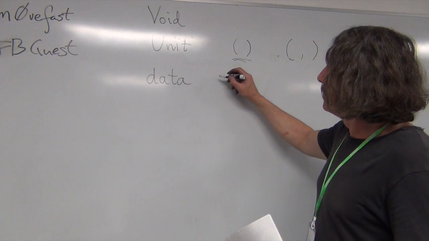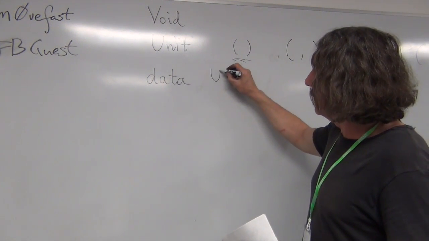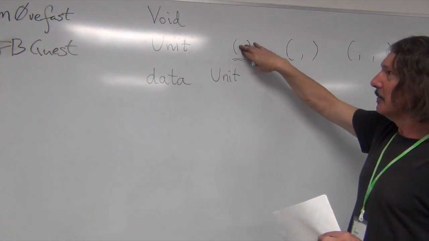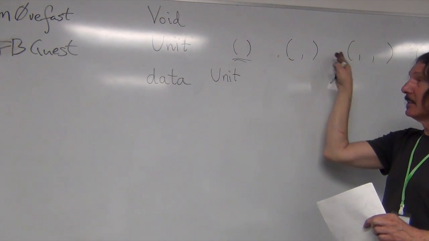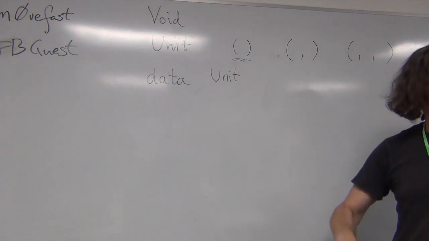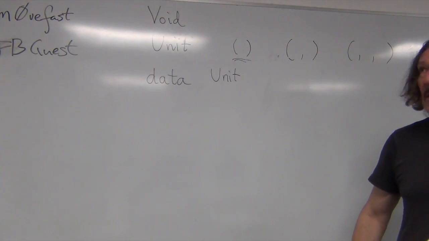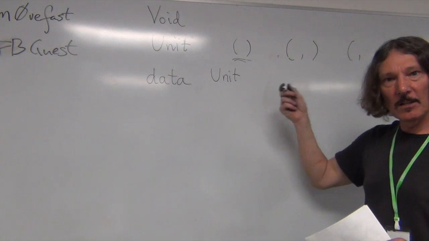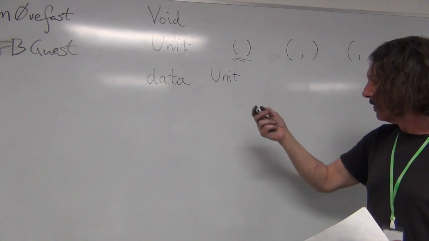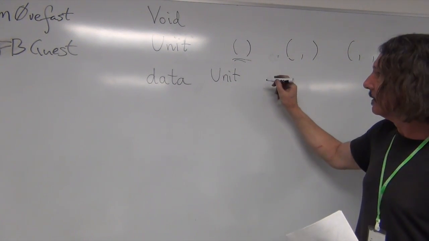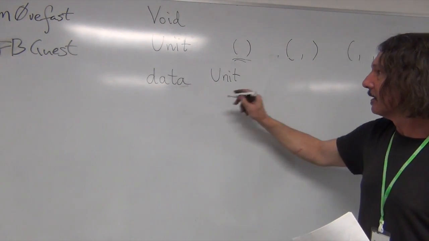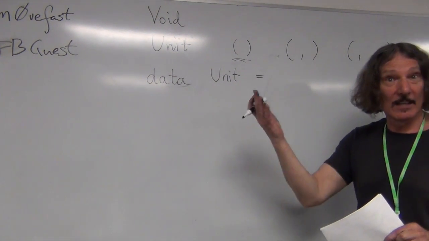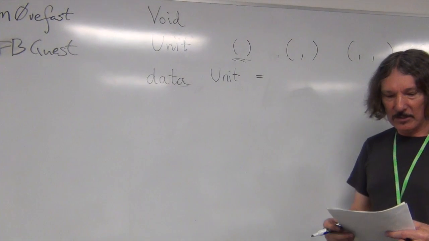Now, let's say I want to define the type unit. I'm not defining the built-in unit, I'm just defining my own type of unit. The definition of a data type is very similar to the definition of a function, except that it has data in front of it. So you just say unit equals, again an equal sign, like in the definition of a function.